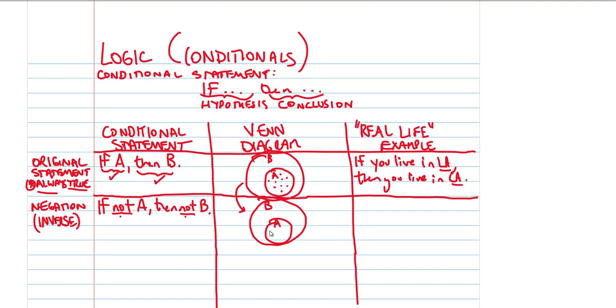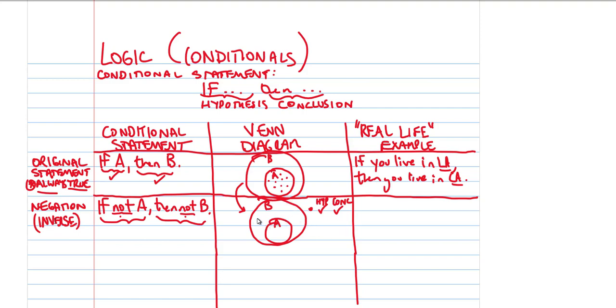And indeed, if we pick this individual out here, we satisfy the hypothesis. That person is not an A, and that person is not a B, so we also satisfy the conclusion. So for that individual, we do get somebody who satisfies both the hypothesis and the conclusion.